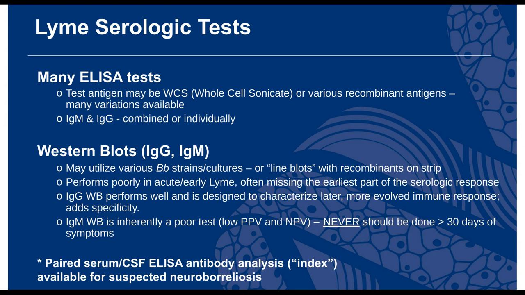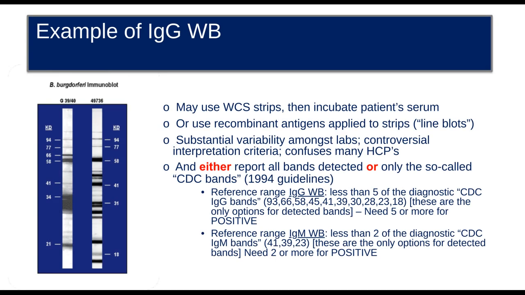Most Lyme disease is diagnosed serologically, and traditionally, as we will see soon, the serology involves an ELISA test and another test called a Western blot. I would like to show you what a Western blot is on this slide. A Western blot is when you take B. burgdorferi and put it essentially on a nitrocellulose strip, a long, skinny strip of paper, and then you incubate the patient's serum.